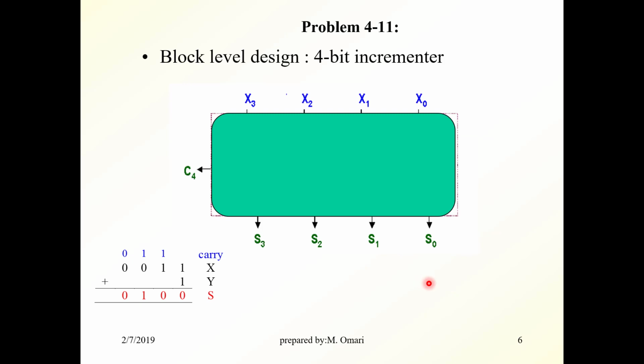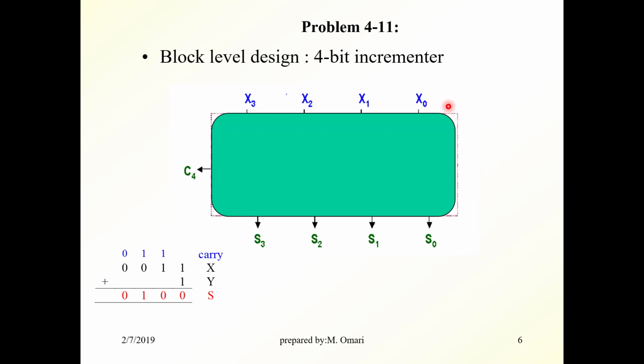Let's do another example using the block level design method to design a 4-bit incrementer. What is a 4-bit incrementer? It's a combinational device that has a 4-bit input, and the output S0 through S3 will be the input incremented by 1, and we have also a final carry because the output is 5 bits.